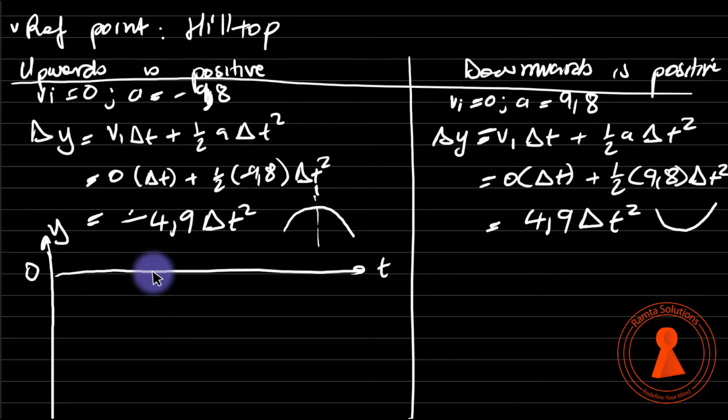If you have done the table form on your calculator, you will start at 0 like this, and then your graph will be moving like this, where this time here will be the time to reach maximum height, while this one here will be the time to hit the ground, where this one here will be the position of the graph below the hilltop.